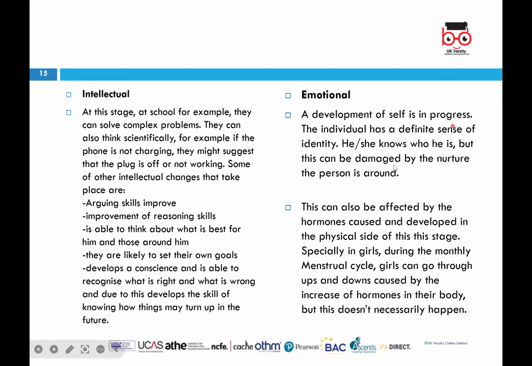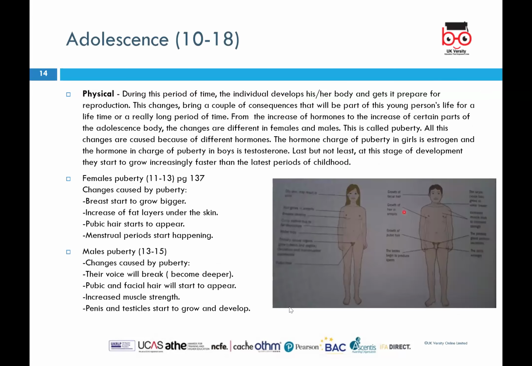Their thinking improves around right or wrong. This is intellectual. And then emotionally, they want to be nurtured. That is the time they want nurturing, and also a time when they want a definitive sense of identity. The emotions can change because of puberty and hormonal changes seeping in.